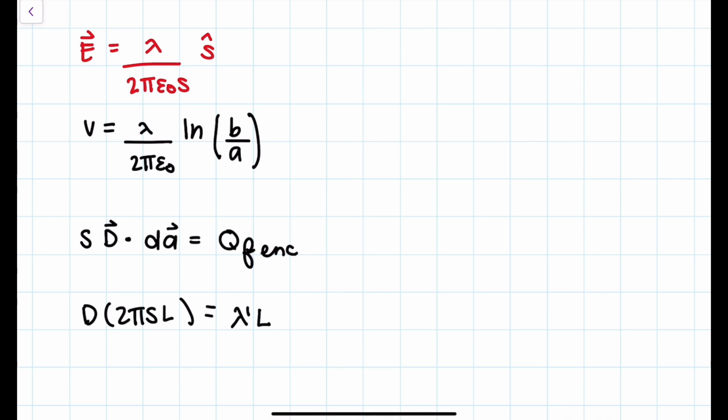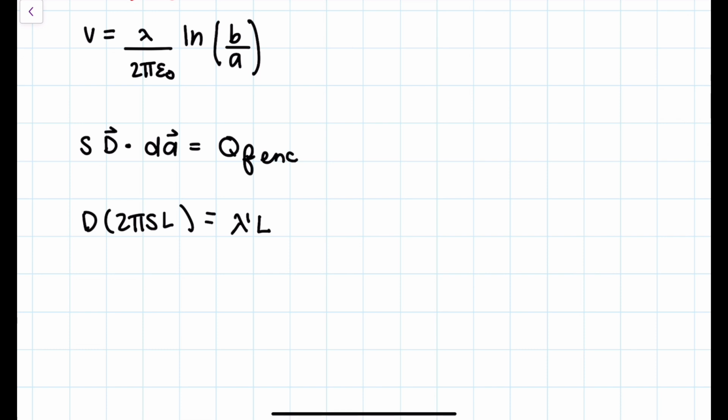The lengths of the surface cancel out, so the displacement is just equal to lambda prime over 2 pi s.